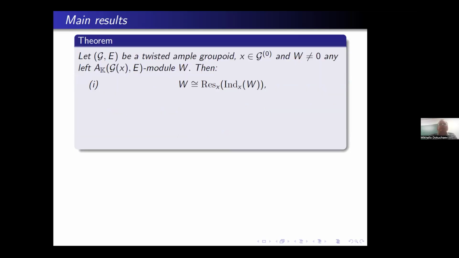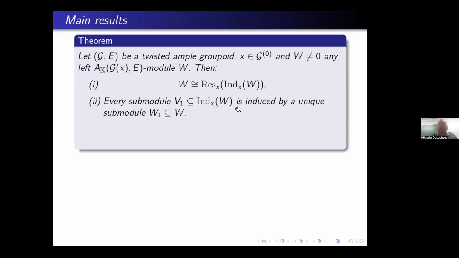Now, the next theorem. Again, we have a twisted ample groupoid and take a left module W over the skew group ring. Then this module is the restriction of its induced module.